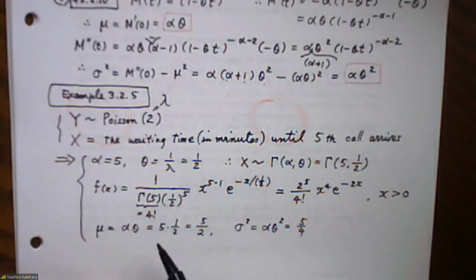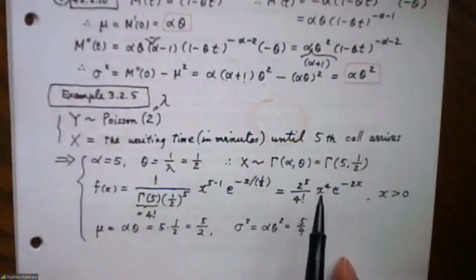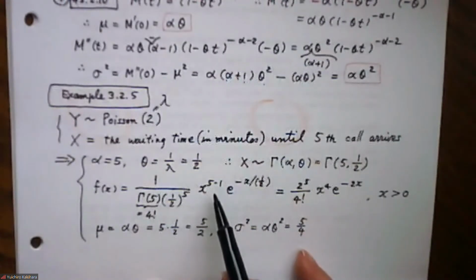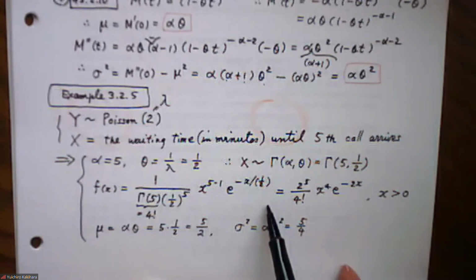At 0, it is 0, so starting from 0, and then going up and then going downward. That picture. Well, special cases: when the exponent is 0, this is x to the 0, then this is 1. So only the exponential function is affecting.